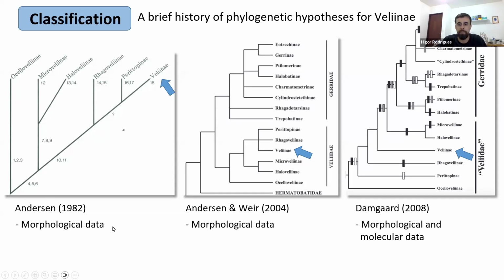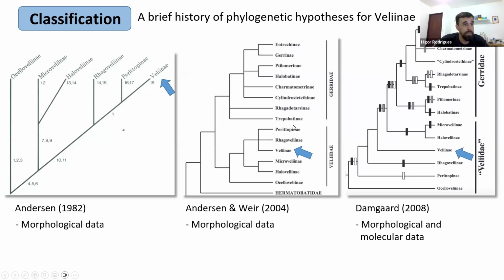In this study, Veliinae was recovered as a sister group to Perutopini. In 2004, Anderson and Weir revised this classification, also based on morphology, and found no support for a sister relationship between Veliinae and Perutopini, but rather a polytomy between Perutopini, Haloveliinae and Veliinae.